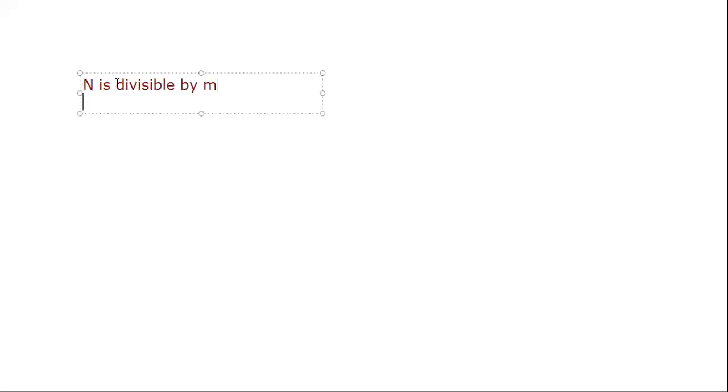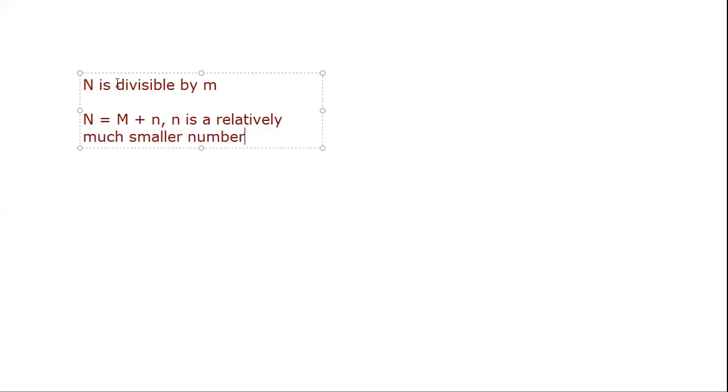So what we do is we write n in terms of two numbers, m times something plus a small n, where the small n is a relatively much smaller number.